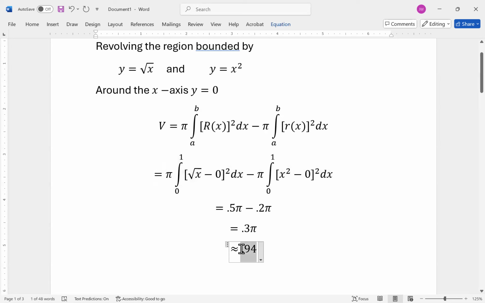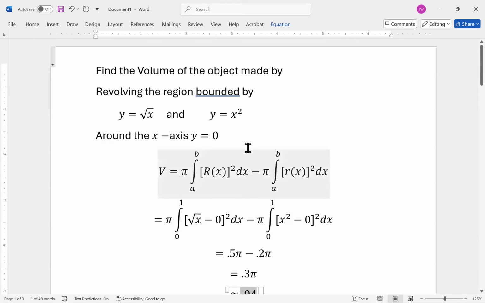And if you only need the approximate, then you can just do that. But 0.94, or about 0.94, which is precisely 0.3 times pi. So that's the volume of this object.